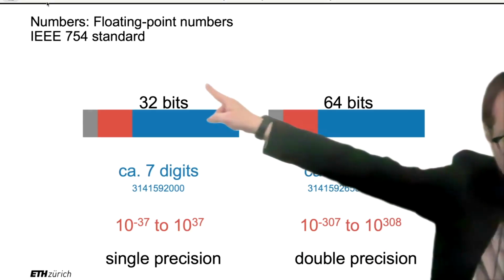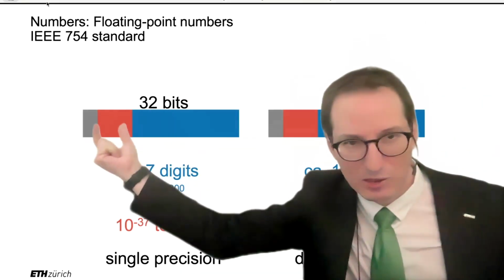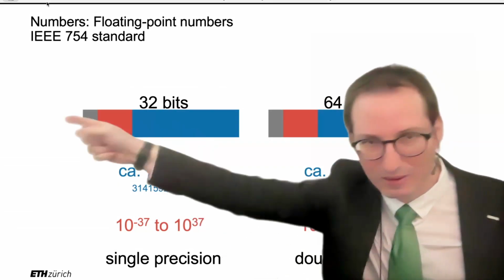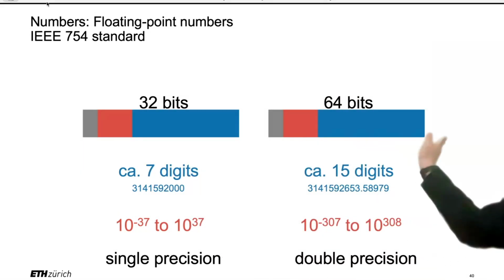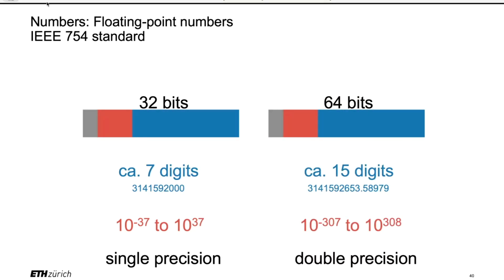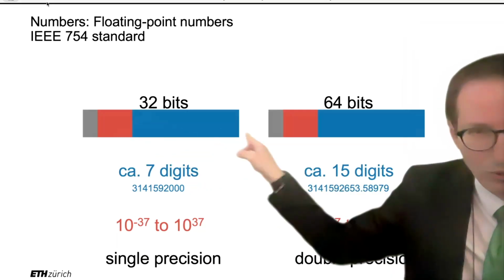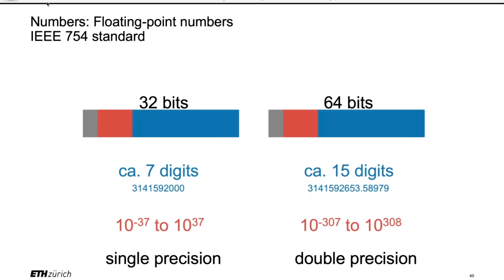Single and double, again, have to do with the bits. It's a fixed number of bits here, a fixed number of bits here, sums up to 32. Fixed, sums up to 64. And since you have the exponent of 2 and the mantissa, then you can construct these numbers. Who is with me? Does anybody know what they are typically called in many programming languages like Java? Single precision, double precision.